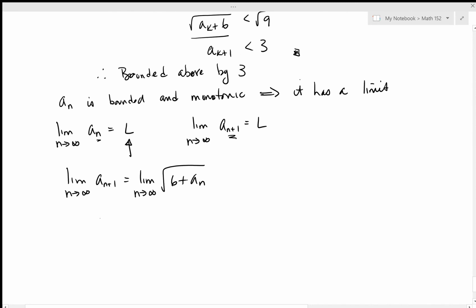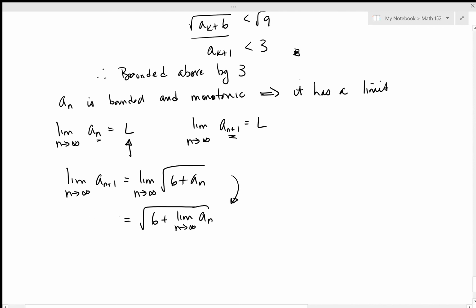So the limit on this side is now going to be equal to the square root of 6 plus the limit as n goes to infinity of a_n. Why am I allowed to do this? Because of the continuity of the square root function.